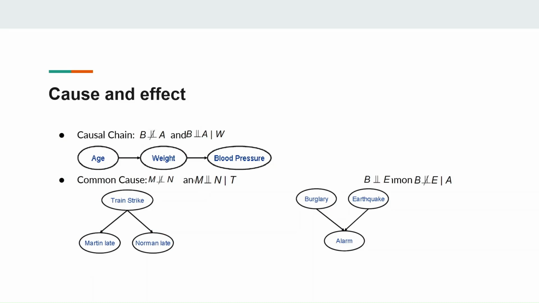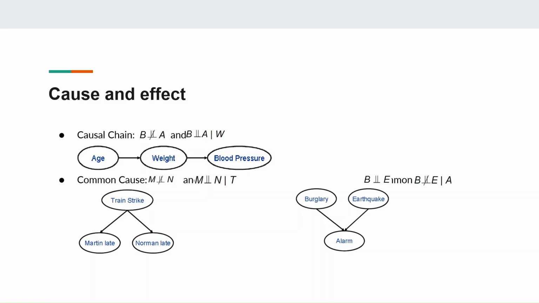Very big things. Now, let's go to common cause. So basically, let's take this example with a train strike, Martin being late and Norman being late. Now, if you only take Martin late and Norman late, obviously they're not related to each other because unless they live together, it doesn't matter if one is late, whether the other one is late, right?